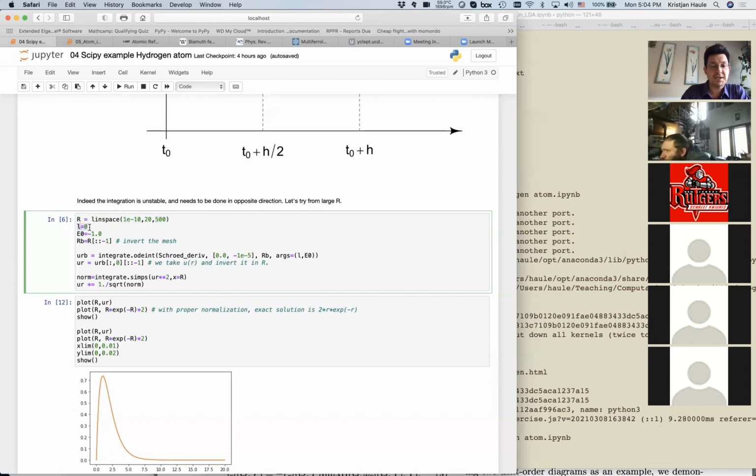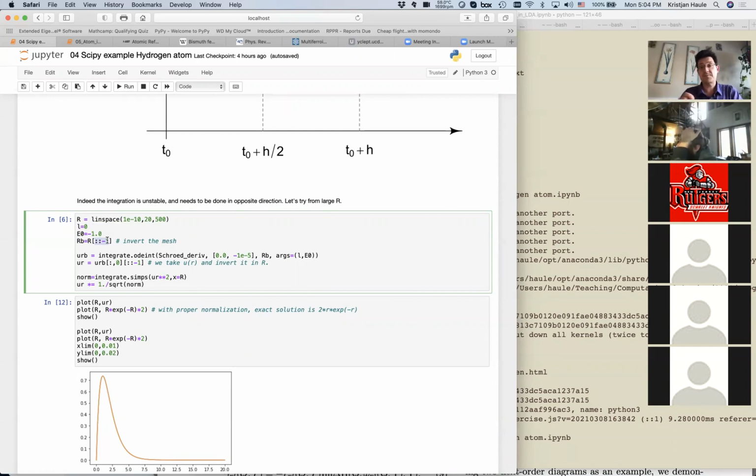We are going to still check the 1s state, which is l equal 0, energy is -1 Rydberg, and we're going to invert the mesh. So here, this RB is R[::-1]. You remember the third entry in such slices means a step.